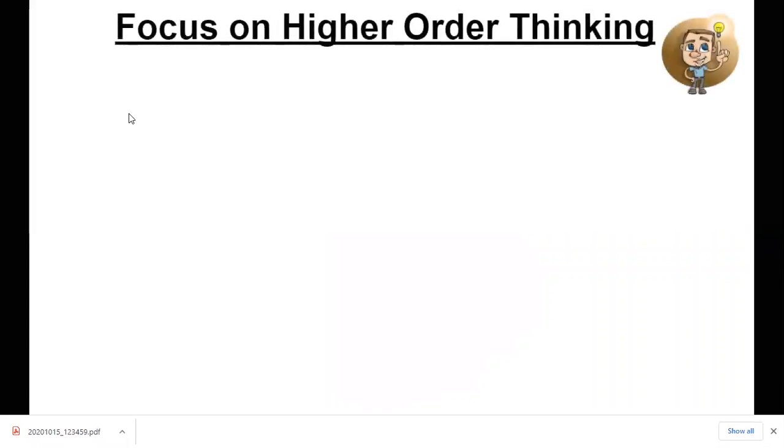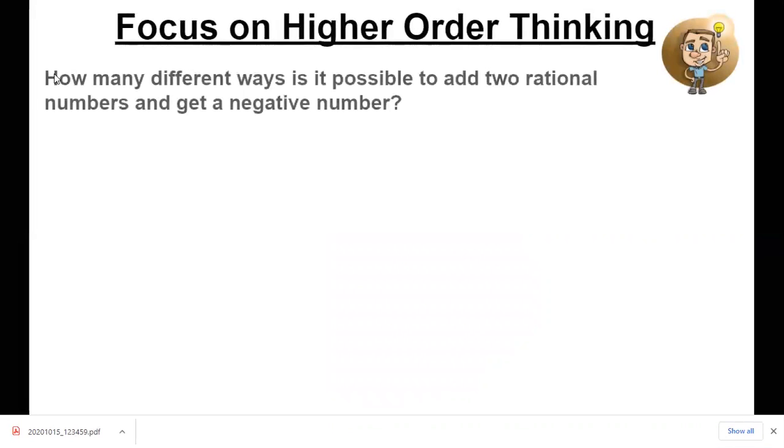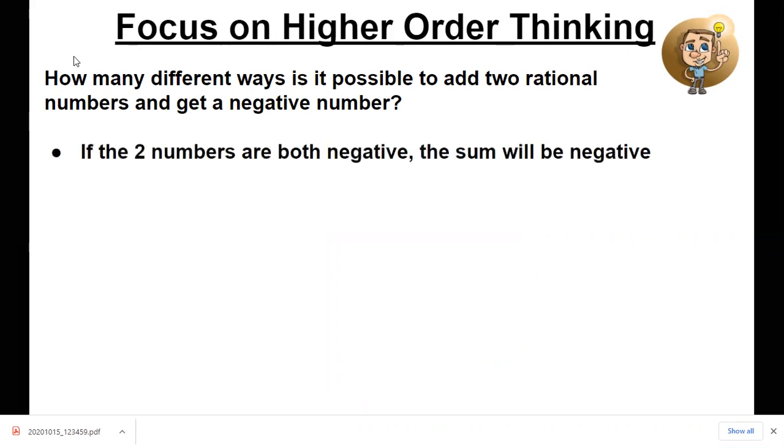Welcome back. It's time to focus on our higher order thinking. So how many different ways is it possible to add two rational numbers and get a negative number? Think through that a little bit. Well, if the two numbers are both negative, the sum will be negative, right?